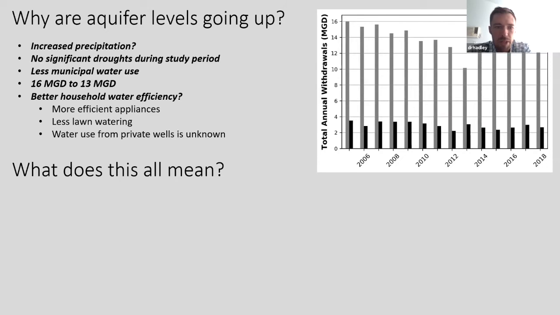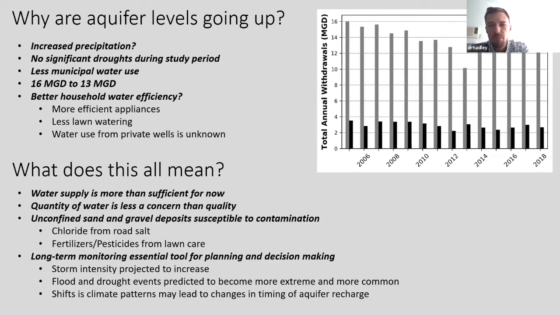So what does this all mean? We think that in terms of water supply and quantity, you guys are in great shape. It's more than sufficient, and we would feel more concerned about water quality than about water quantity in this region.